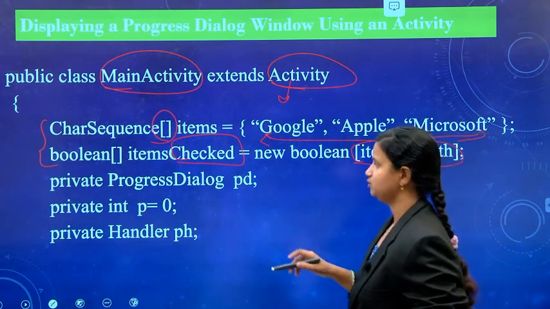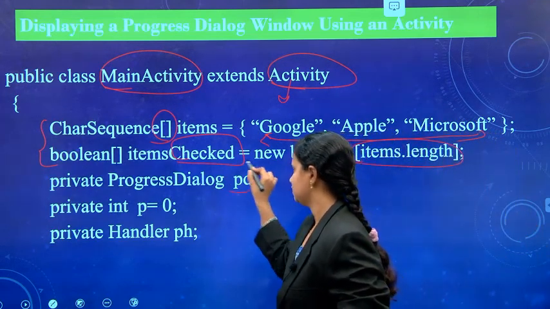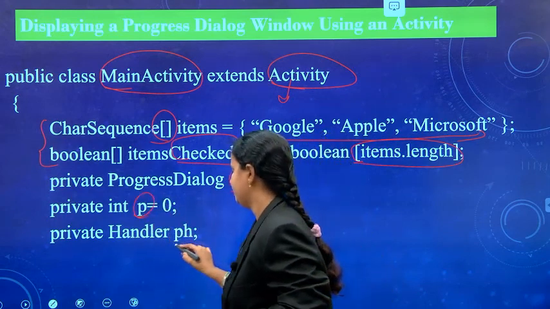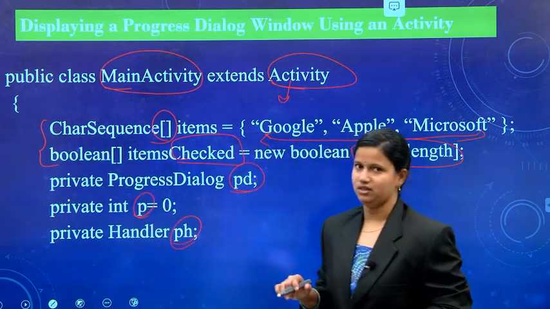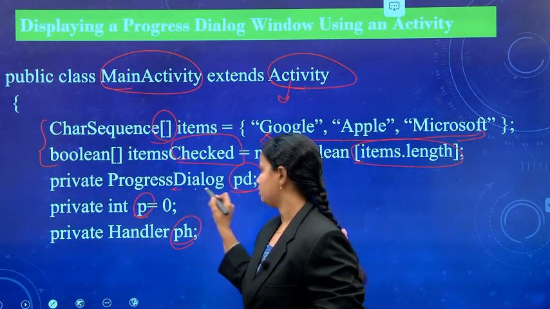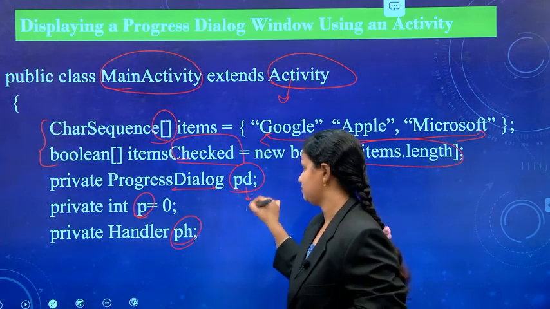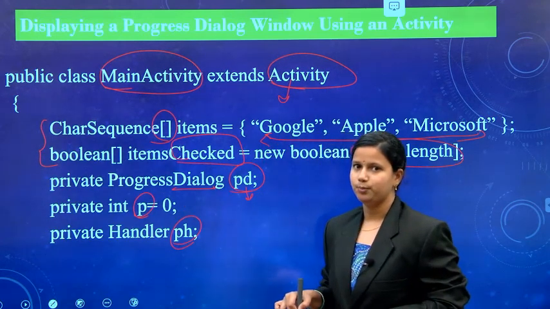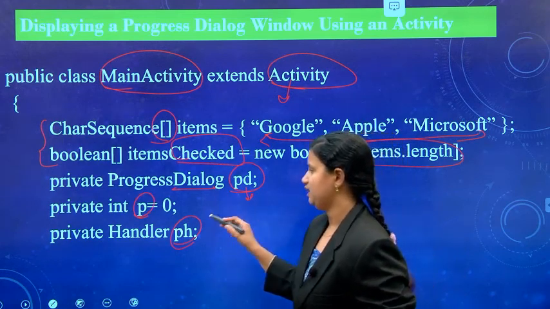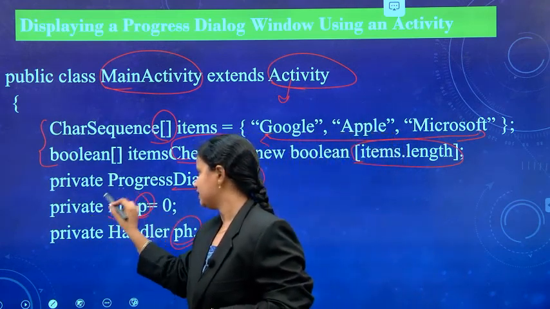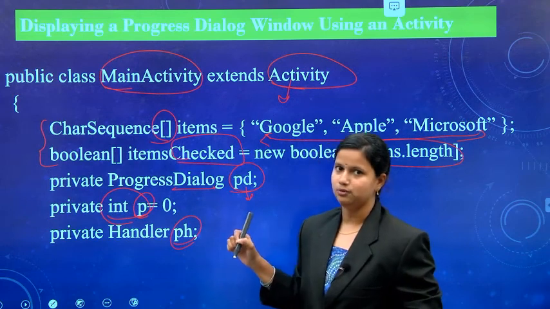After that we have to go with this pd, np and ph. What is the meaning? This one is a progress dialog. The pd is the object of the progress dialog, and p is the progress status. It is an integer value to check the progress.